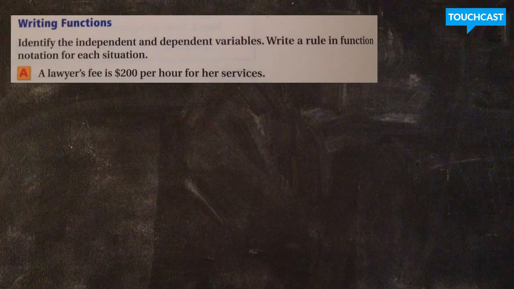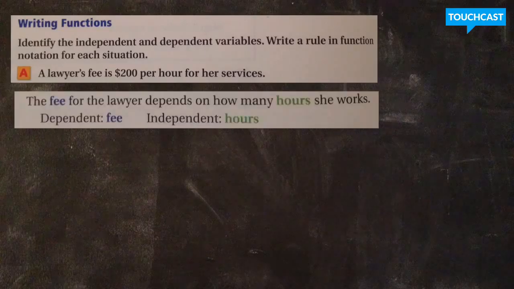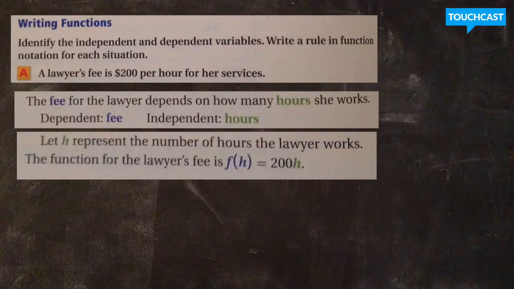So we need to identify first the independent and the dependent variables, and then write a rule in function notation for each situation. So we have a lawyer's fee is $200 per hour for her services. Because the fee for the lawyer depends on how many hours she works, our dependent variable is the fee, and our independent variable is the hours. We can let h represent the number of hours the lawyer works.